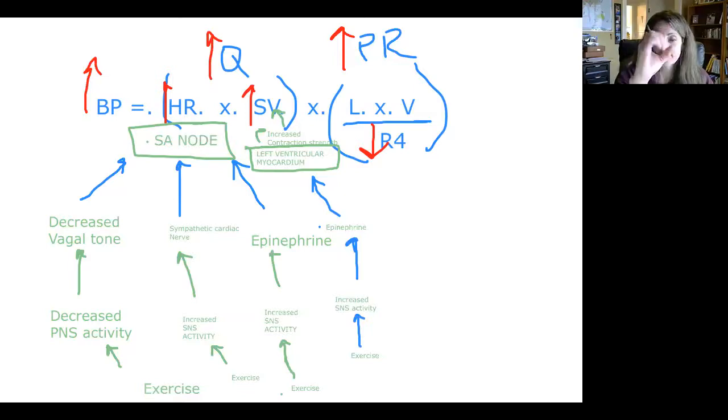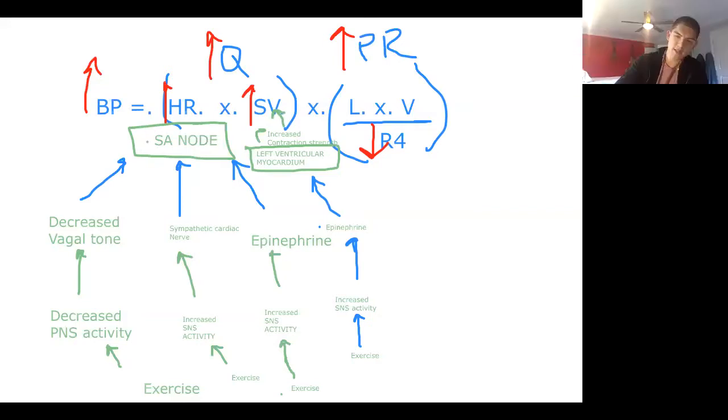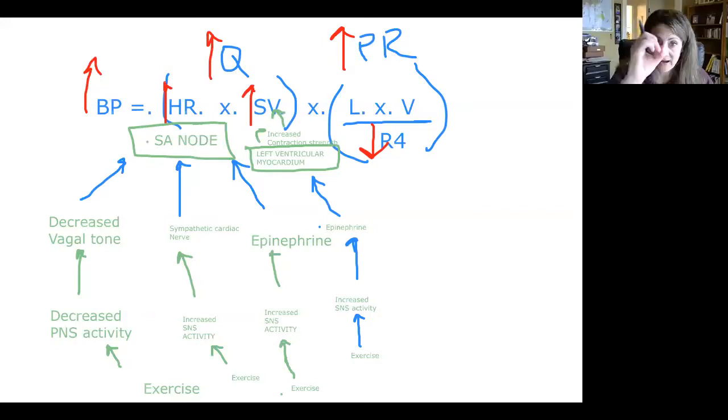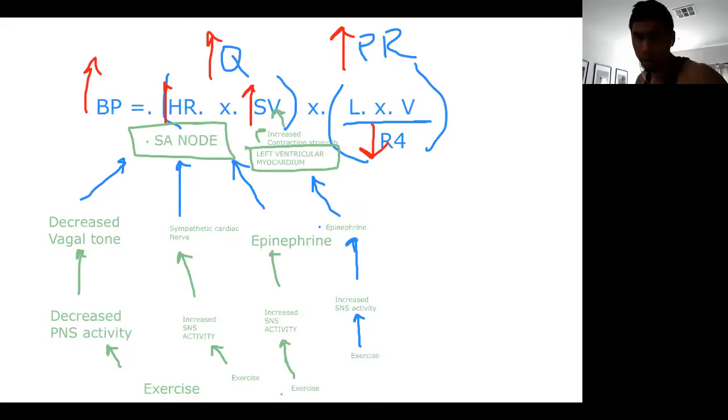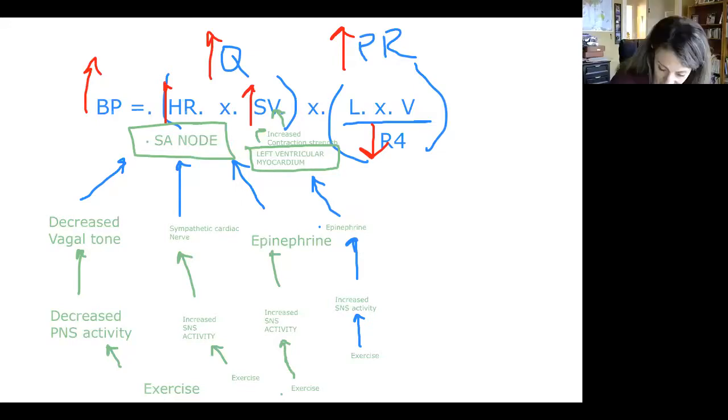What controls that? Is it the chemoreceptors? Well, the chemoreceptors are acting on this. We either need vasodilation or vasoconstriction to affect the radius, right? What vasodilates and constricts? The arterioles. Okay, so the arterioles.